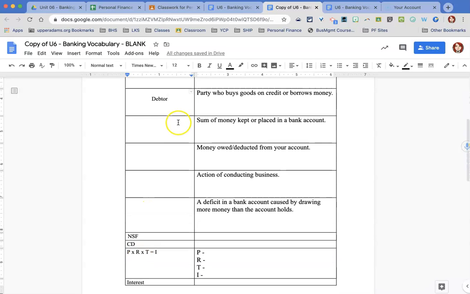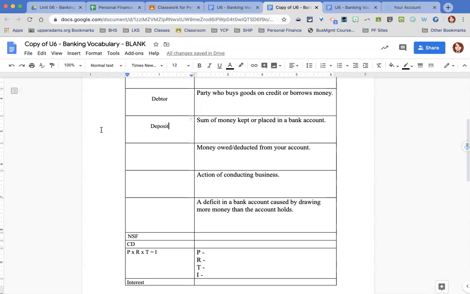All right, a sum of money kept or placed in a bank account. What do we call this? Well, we call this a deposit. So when you put money into your bank account, it's called making a deposit. When you have money in your bank account, those are your monies on deposit, your amount on deposit.